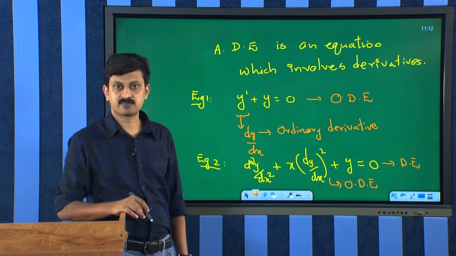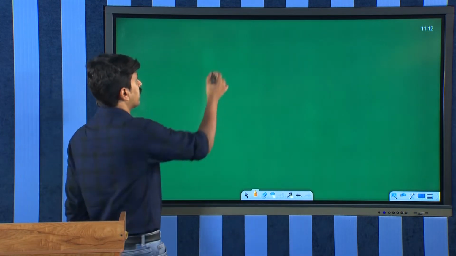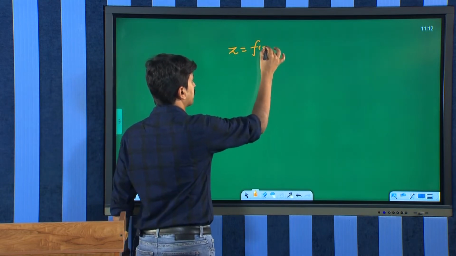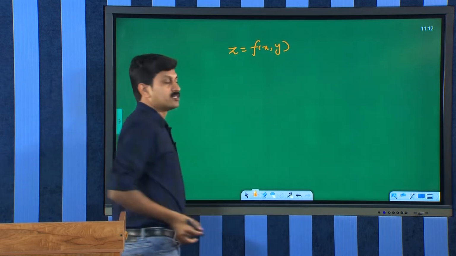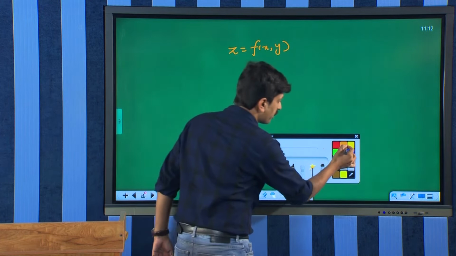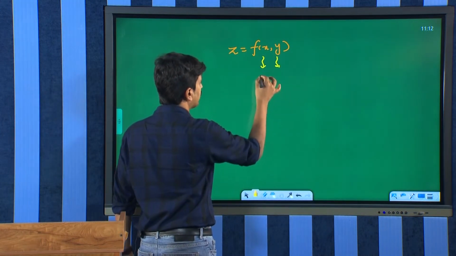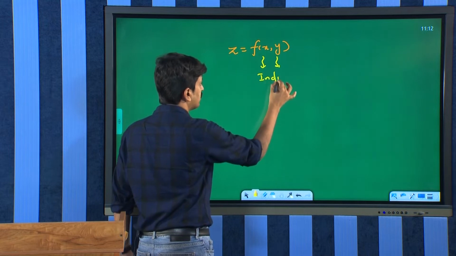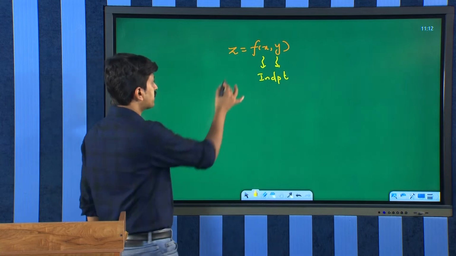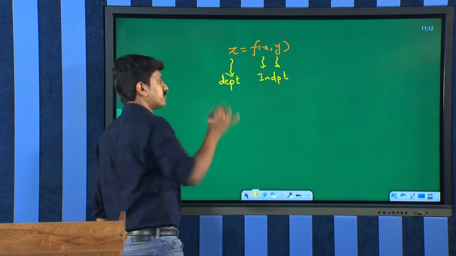See, dear students, while discussing this, if I write z is equal to f of x y, this is a two variable function, where x and y are the independent variables. It is a multivariable function, and z is the dependent variable.